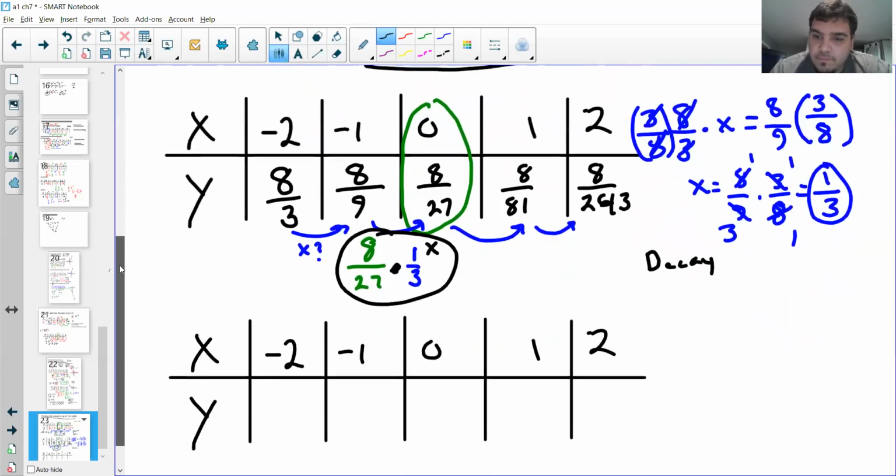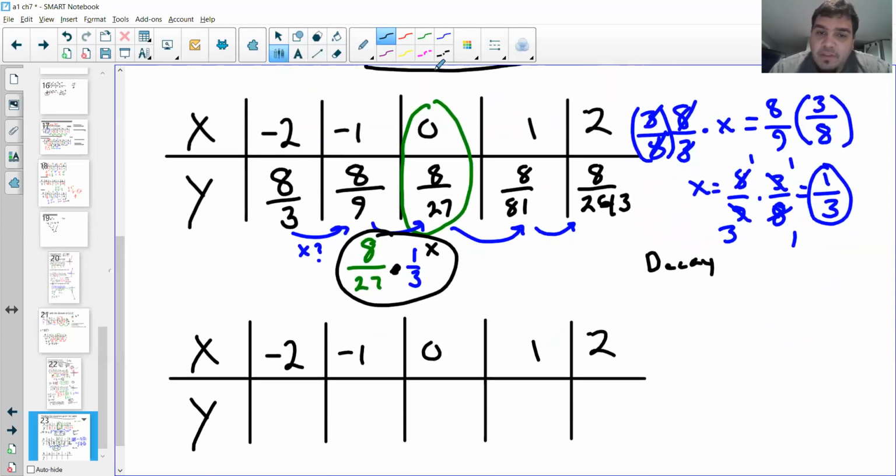Wait, how do you know it's a decay? You see how the number inside the exponent is 1/3? 1/3 is less than 1. When it's less than 1, it's a decay. If it's greater than 1, it's a growth.